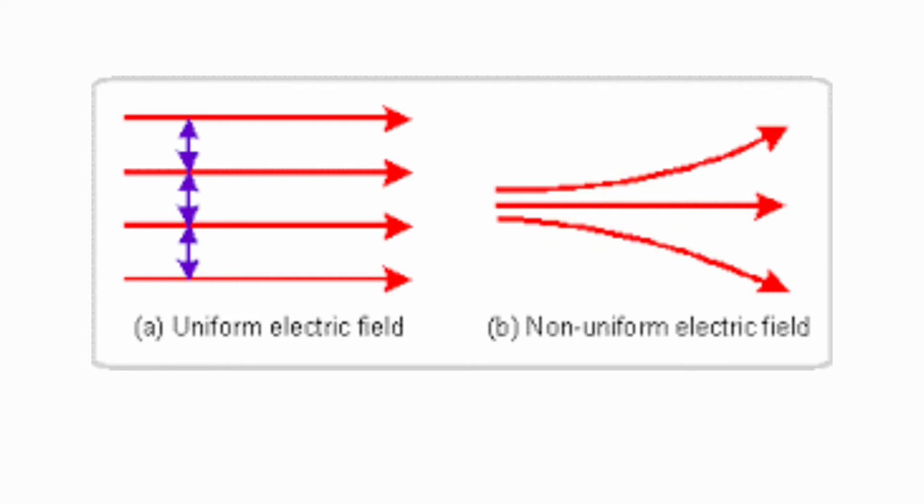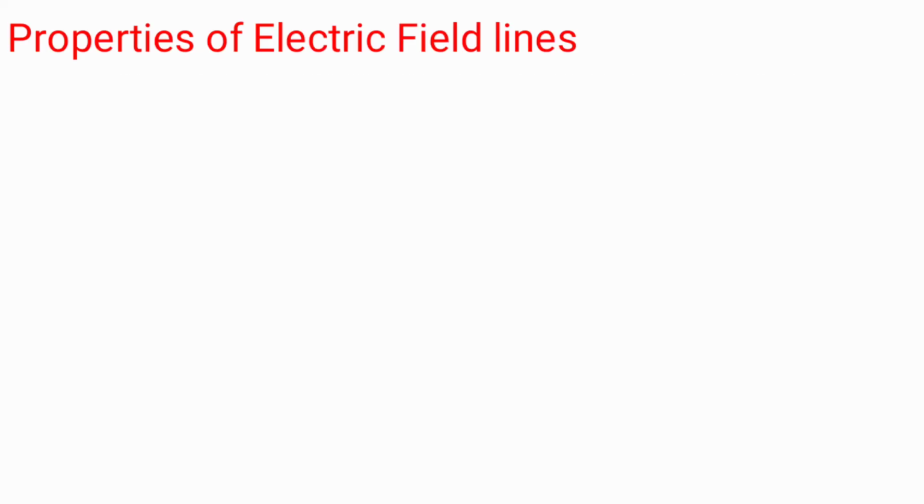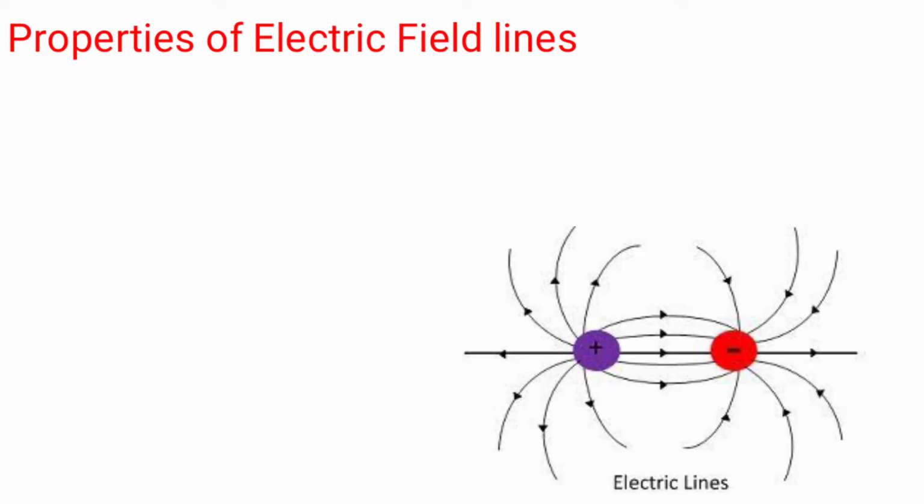In a uniform electric field the force at all points is equal, but in a non-uniform electric field the force varies from one point to another point. Electric field lines follow some properties.